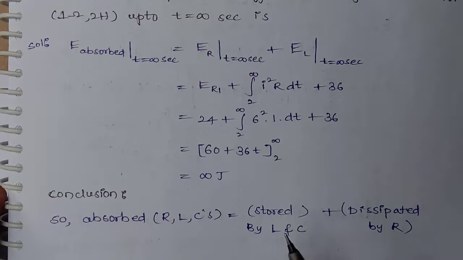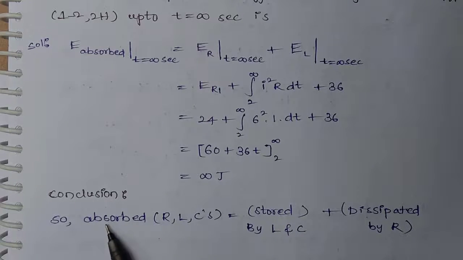So the combination of the energy stored plus the dissipated energy is going to become the absorbed energy. The stored energy and the absorbed energy are different. Okay, I hope you have understood these points.